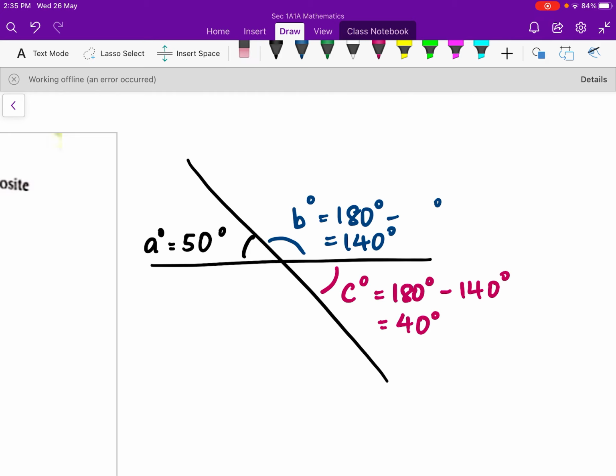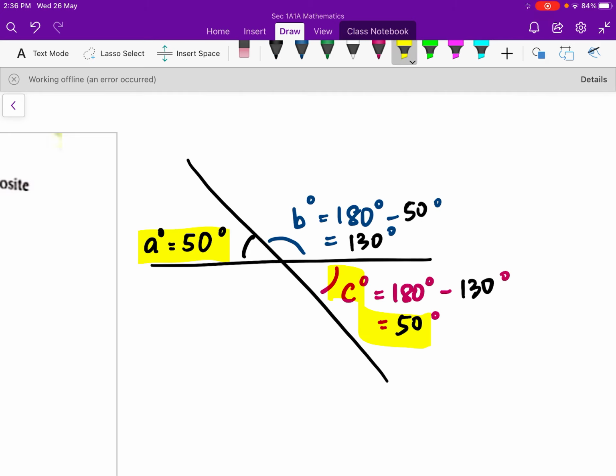So 180 minus 50 degrees, and I will get 130 degrees. So once angle B is 130 degrees, to find angle C, we change this to 130 degrees. And when you do the subtraction, you will end up with 50 degrees. And you see that angle A is still equal to angle C.